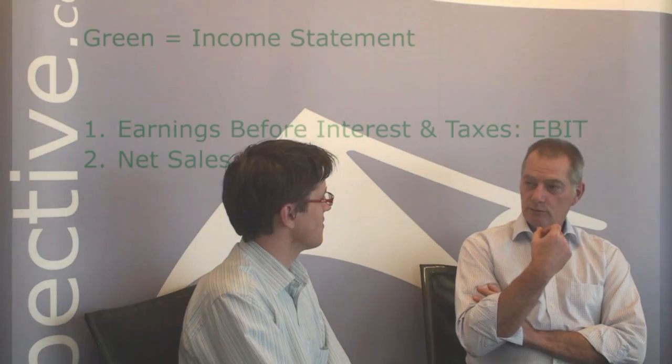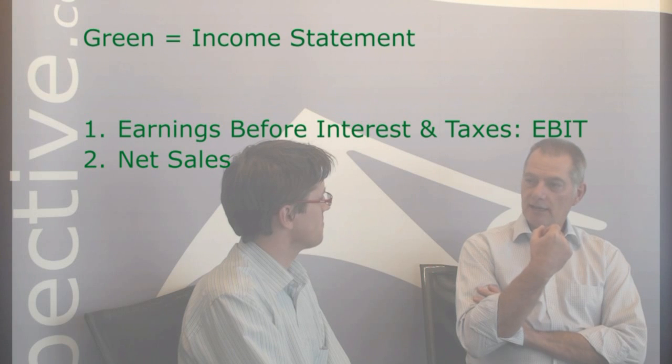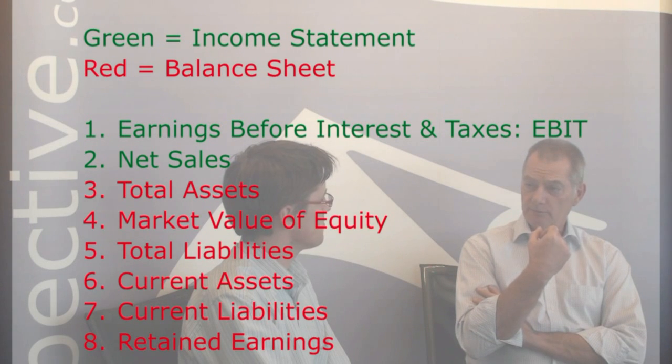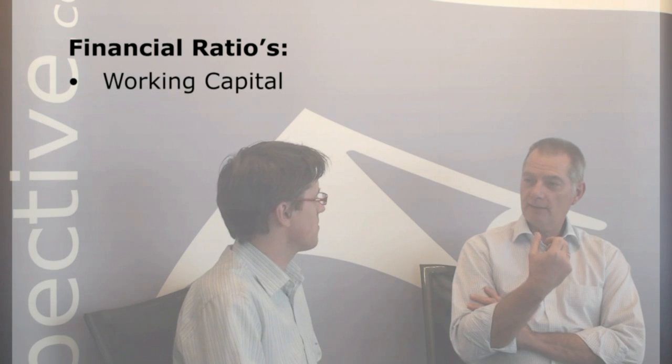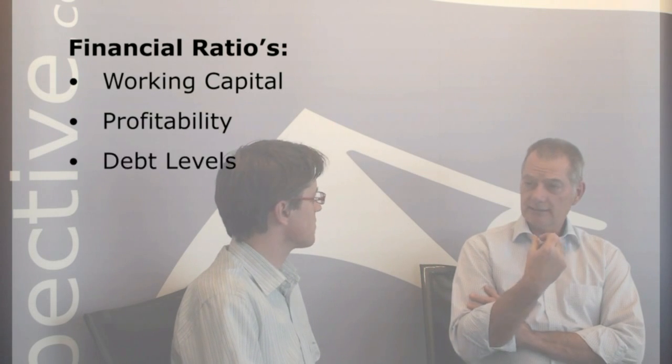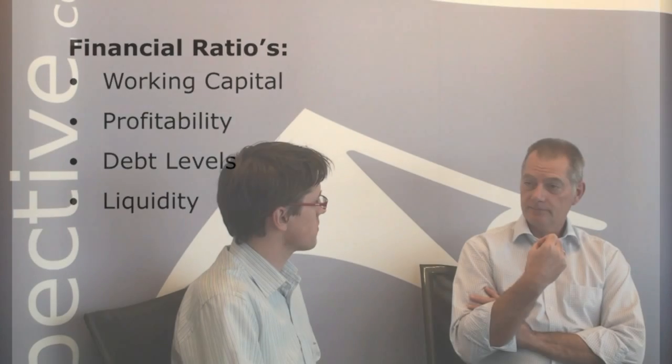So I understand the Z-score is built up out of 5 ratios. Can't we just calculate 2 or 3 other ratios, like the current ratio, quick ratio or debt ratio? This method is using 8 weighted variables from a company's income statement and balance sheet, plus the company's market value to calculate 5 specific ratios. To detect any signs of looming bankruptcy, investors calculate and analyze all kinds of financial ratios, like working capital, profitability, debt levels, and liquidity.